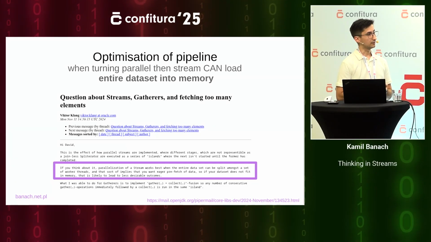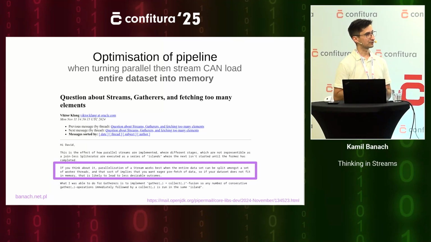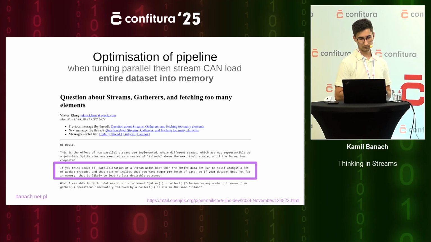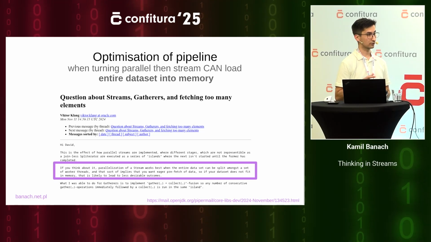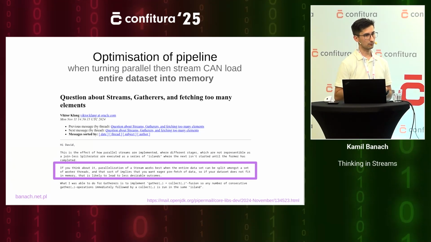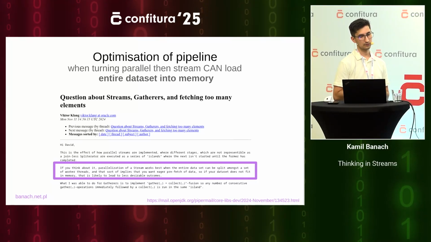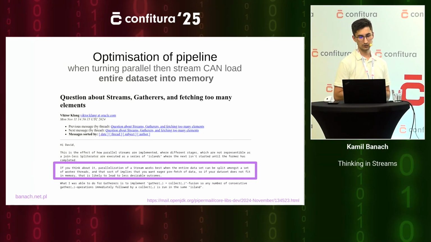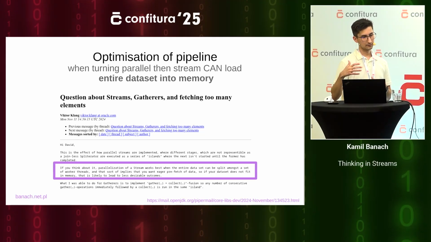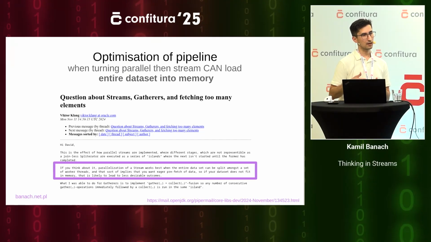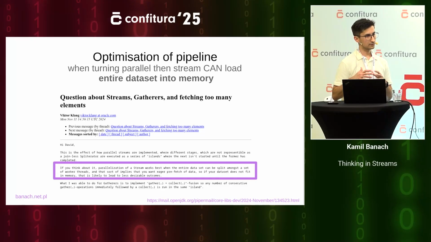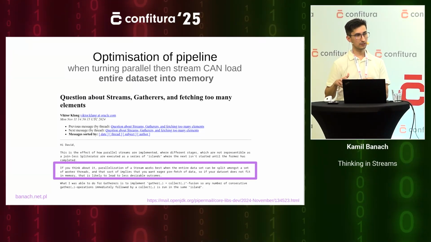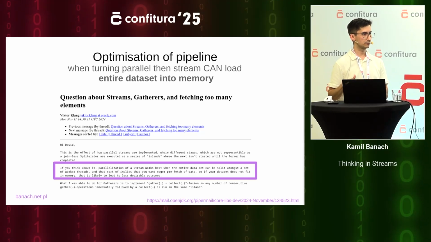On the screen we can see this question on the JDK list, where Viktor Klang, one of the authors of stream gatherers, which we will be talking about in a few minutes, gives an example of how it runs and how it could behave. So it is important to be aware that if we use especially parallel streams, we can end up with problems like that.